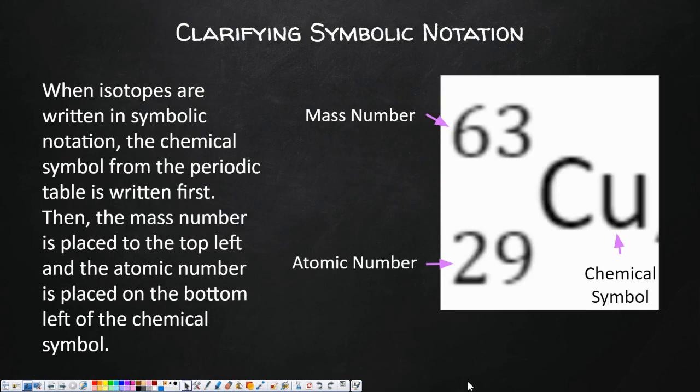That number on top, 63, that's the mass number. And the number to the bottom left is the atomic number. Is equal to my number of protons.